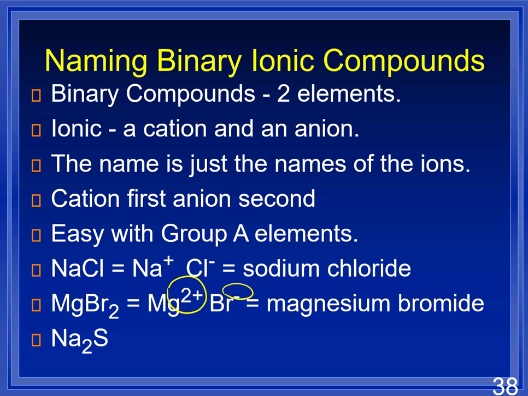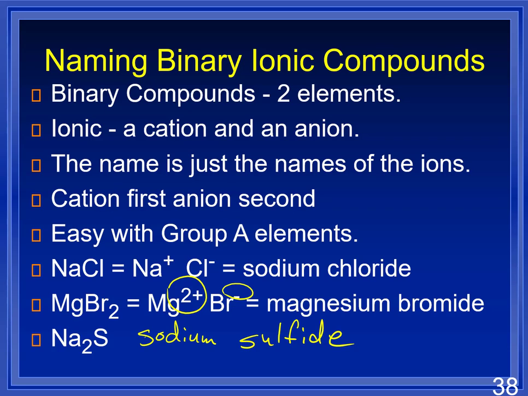So the first word is sodium. What's the name for the ion S makes? S is sulfur, but it's an ion. It's negative, so we call it sulfide.